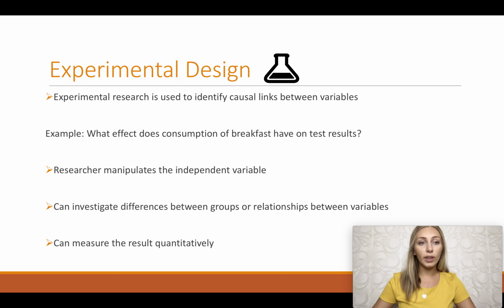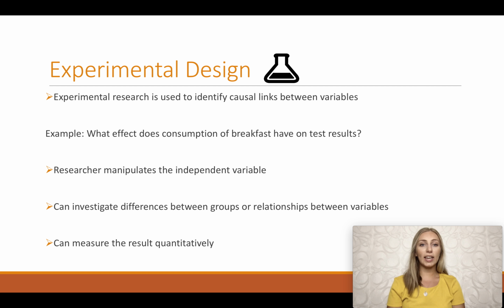So within the experimental design, people use this design to research and identify causal links between variables. Researchers use this to manipulate the independent variable. The experimental design can investigate the differences between groups or relationships between variables, and within this experimental design you can measure and test results quantitatively.